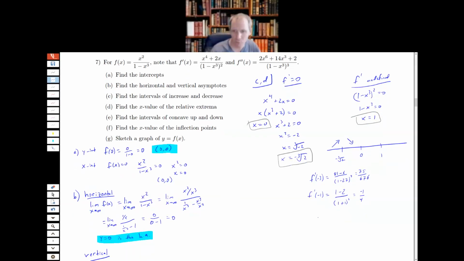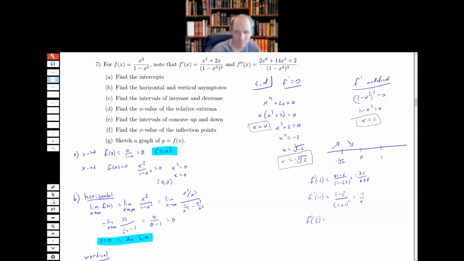Okay, in between 0 and 1, there are lots of choices, but none of them are whole numbers. So I'm going to plug in a half. Okay, so if I plug a half in the numerator, I get a half to the fourth plus 2 times a half.